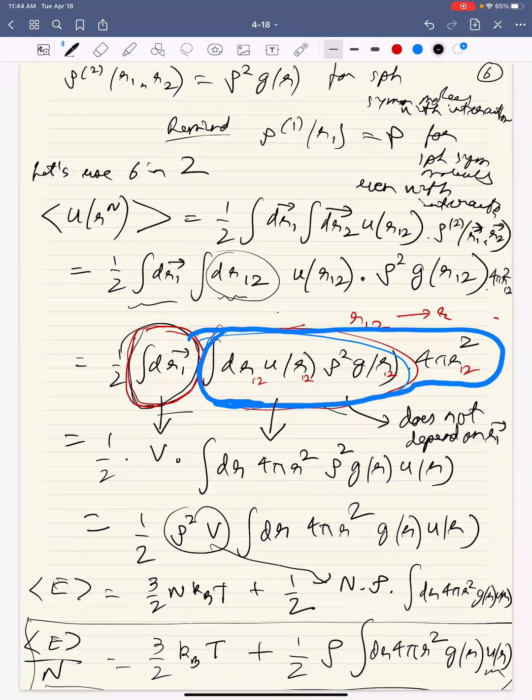So there are ways to calculate u of r. Furthermore, u of r does not depend on the presence of other things, right? u of r is just how two things talk to each other. u of r is kind of magical. So people do density functional theory calculations where they very accurately calculate u of r for two iron atoms.